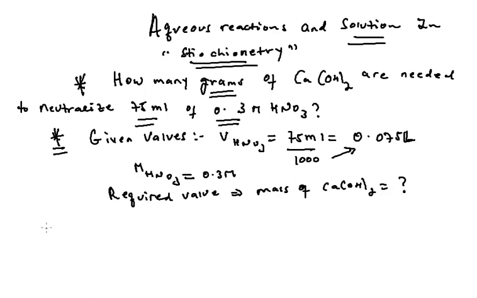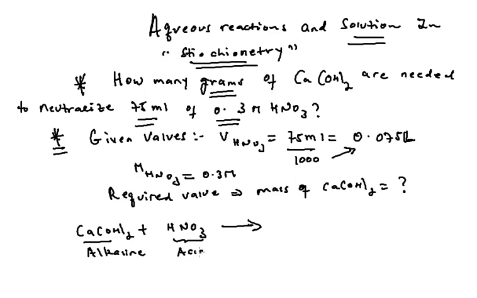Once we have that, we need to write the equation between calcium hydroxide and nitric acid. This is the neutralization equation, because we have an alkaline or basic solution here and an acidic solution here.